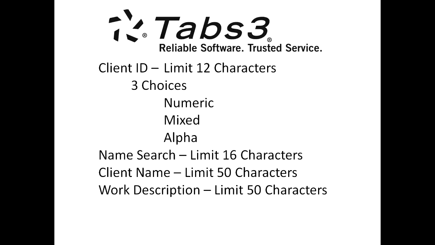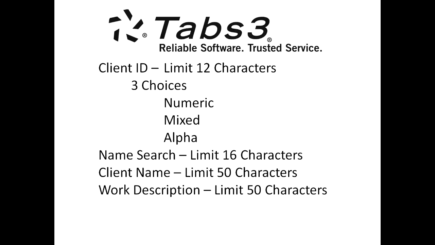And then the alpha, we call it alpha, but you can have alphanumeric characters before and after. So that is something you have to think about and consider when you're setting up Tabs.